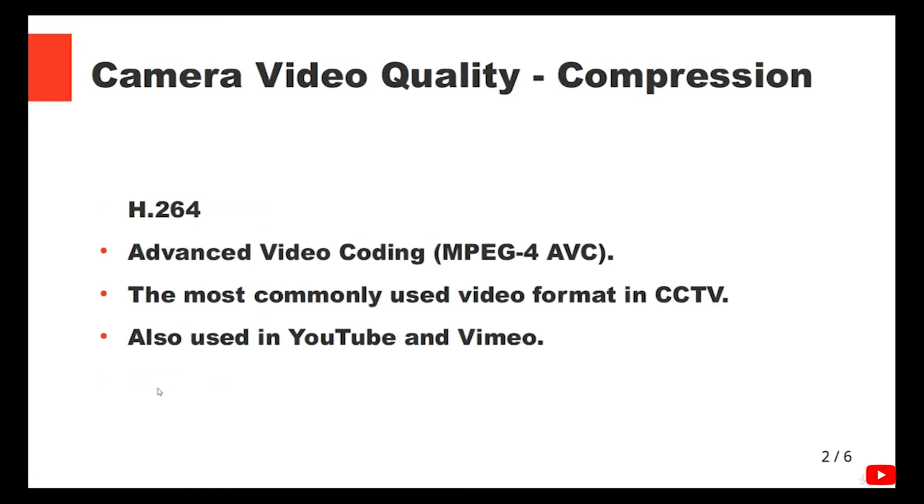The next part of IP camera quality is compression. The higher the resolution, the more data is required to be sent over the cable, so the higher the compression you need to fit it on the DVR on some smaller hard drive.